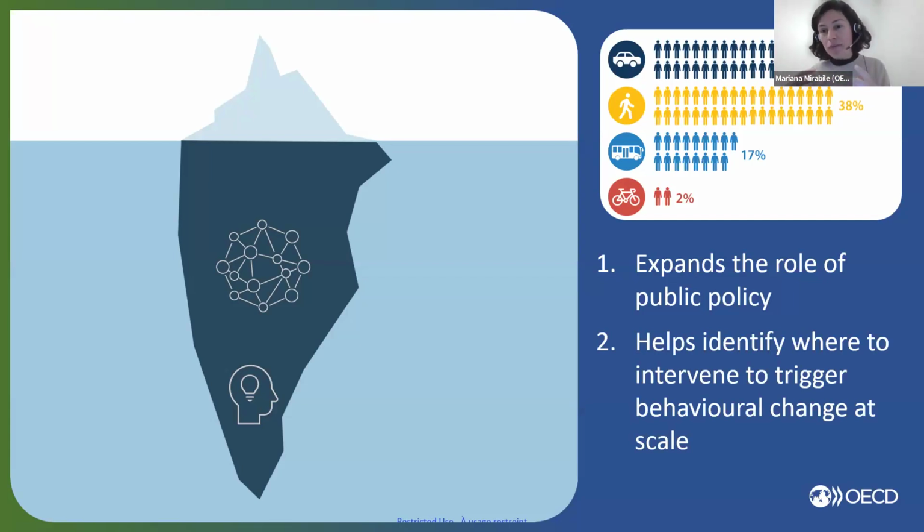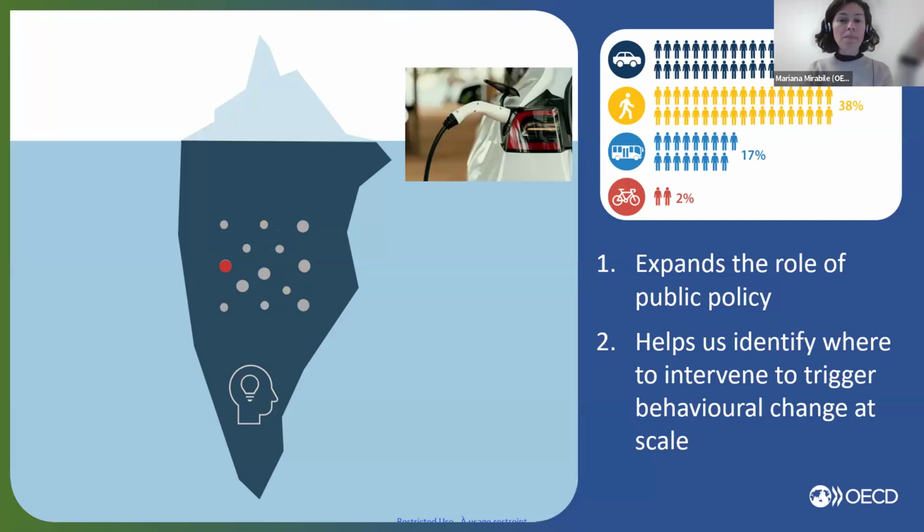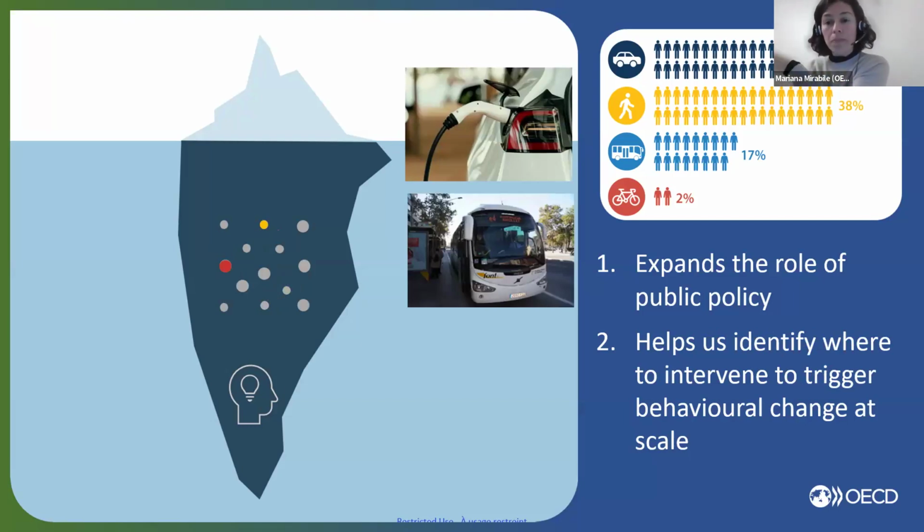And here comes a second mindset shift that we think is important, which is looking more at how the system is organized as a whole rather than focusing on specific parts. As you know, our traditional way of thinking, and I'm sure you have discussed this in this series, is that we try to improve parts. So we will, for example, support the purchase of better vehicles, or we will improve bus services.